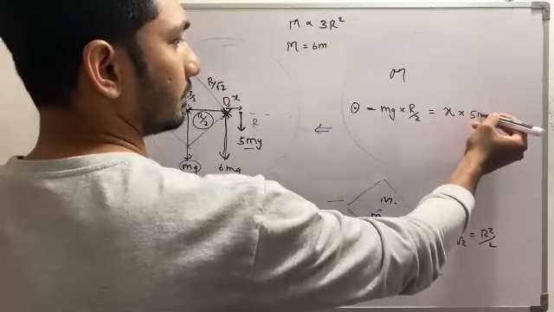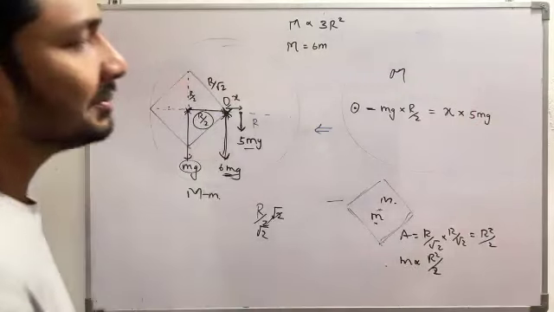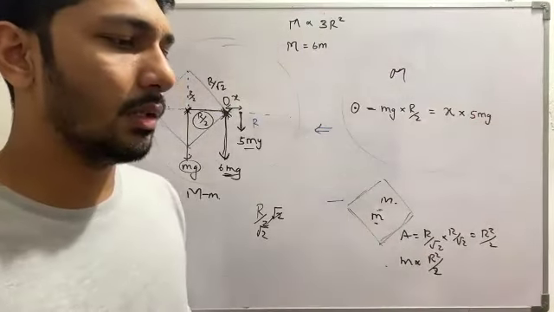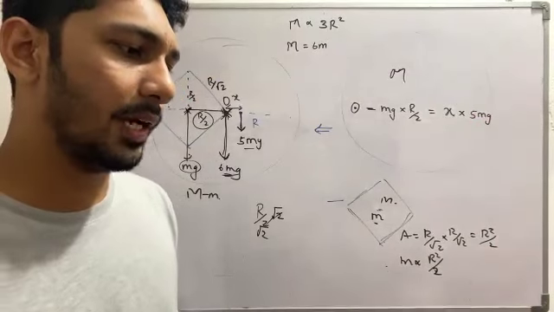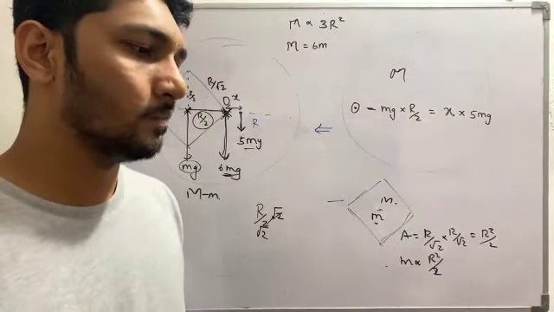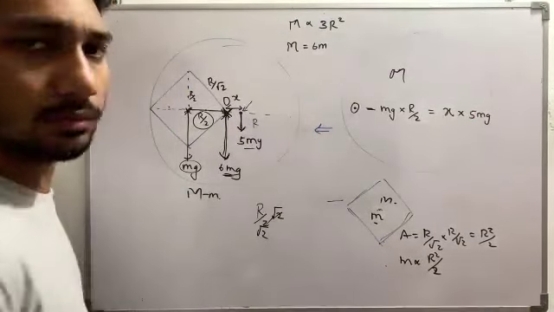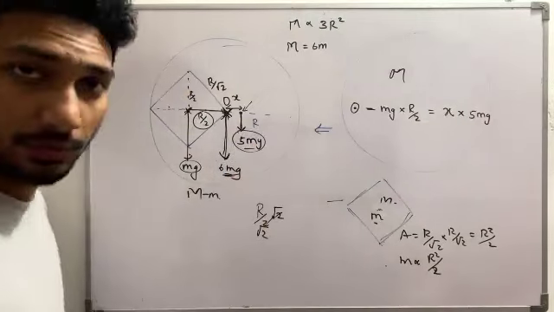5 mg, no? Okay. So this is the expression. One might take the moments about the point, and they will avoid the moment due to 5 mg.